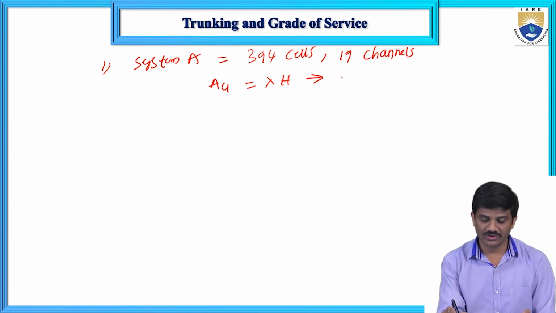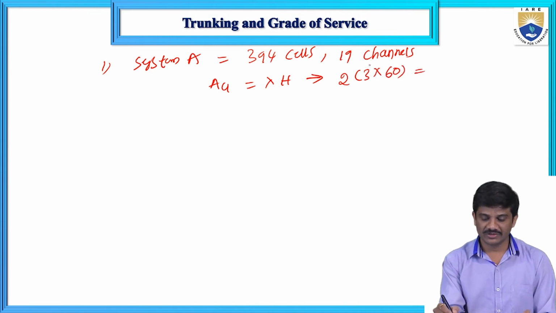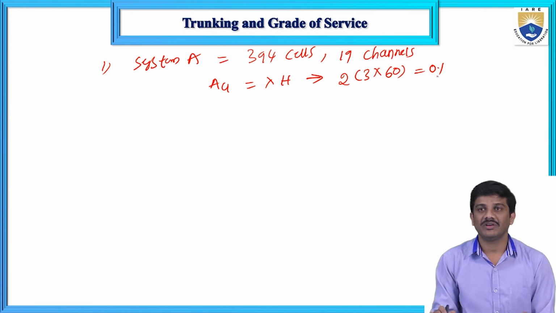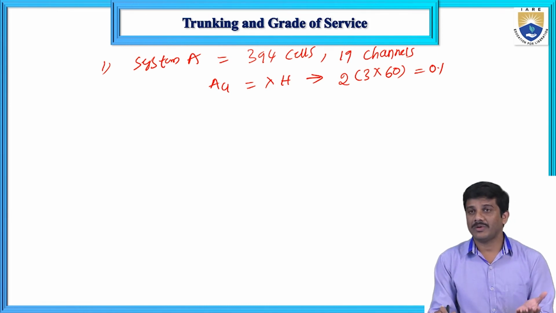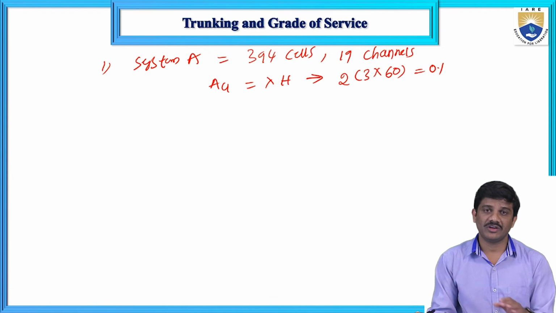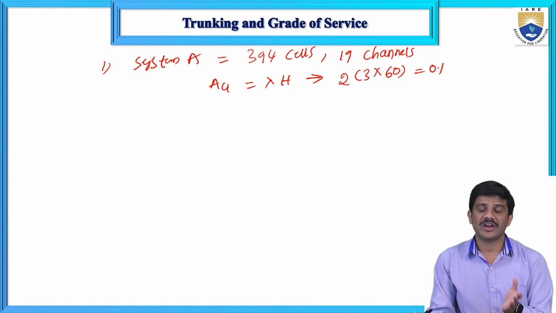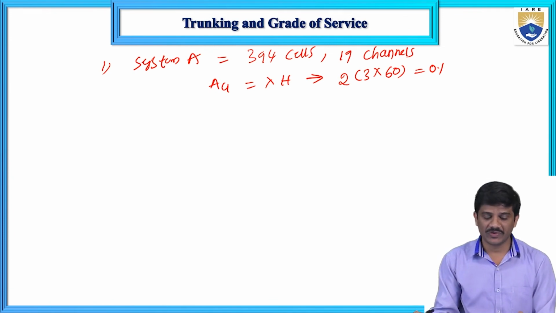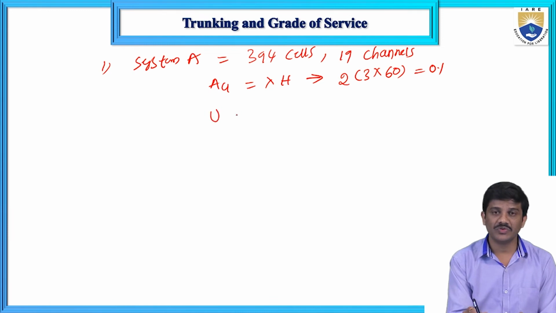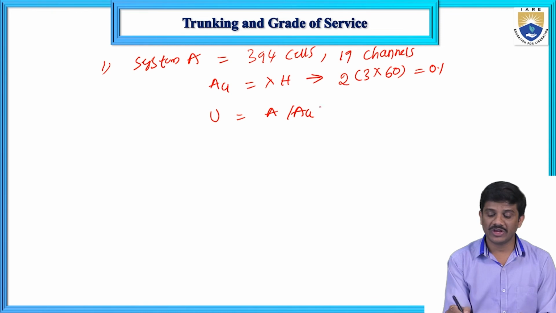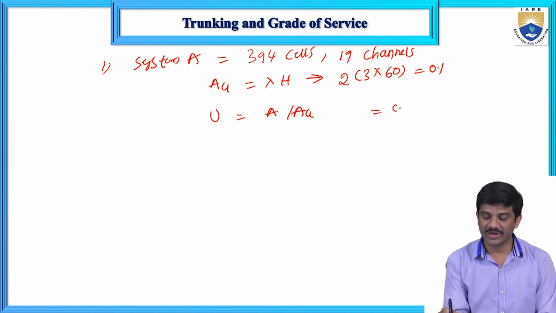Then we can write 2 into 3 into 60, and we get 0.1 Erlangs, because we can write this with the seconds and also hours. Then we can write the number of users U equal to A by AU. We know the AU value, that is 0.1.